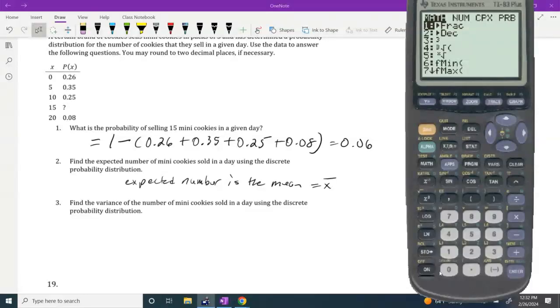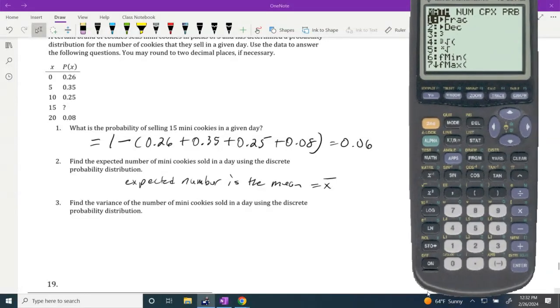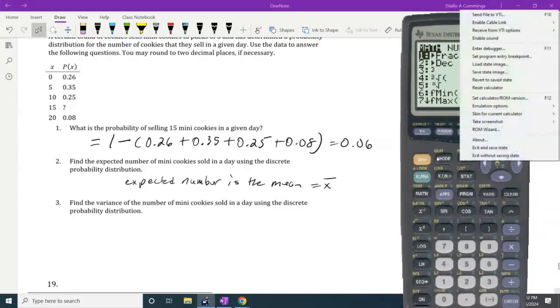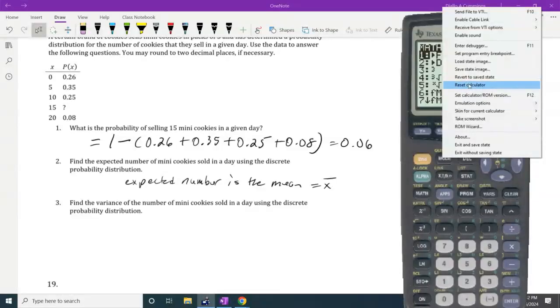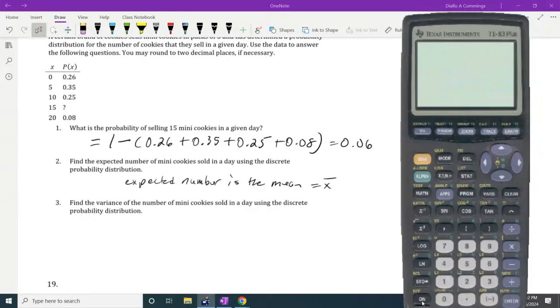Okay, did that go somewhere? Okay, the calculator is freezing up.